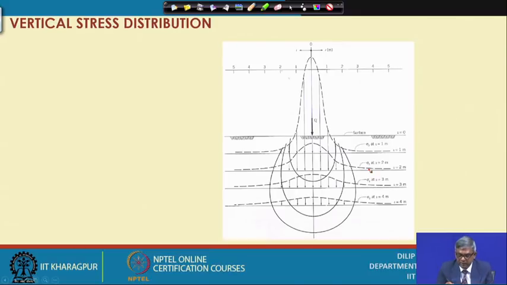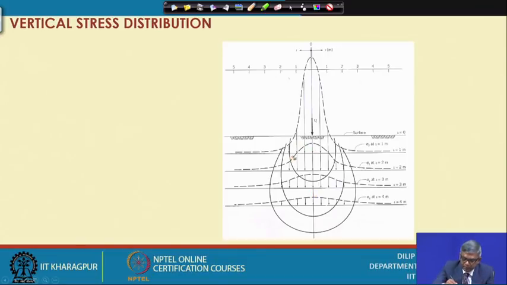Now we can see that with the increase of depth, stress is decreasing, and with the increase of r, stress also decreases. So, we may get several combinations of r and z where the intensity of vertical stress is the same.